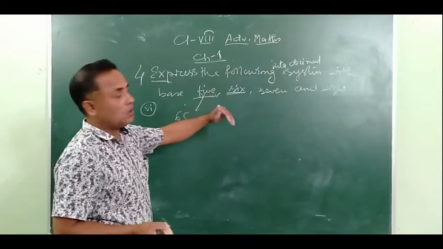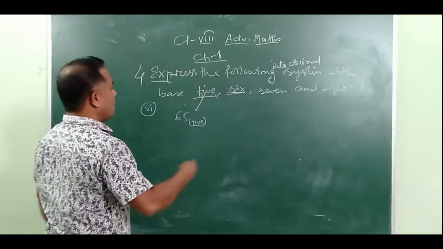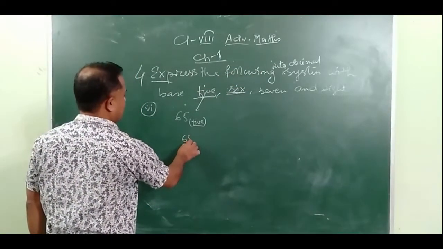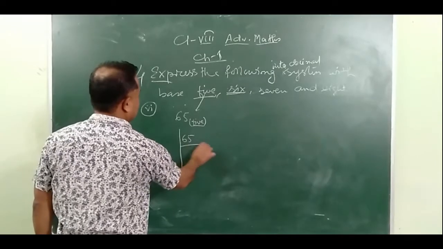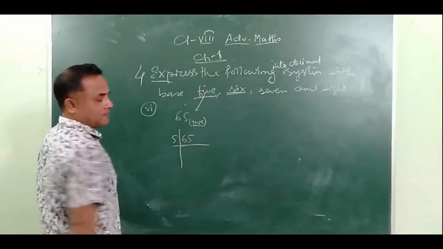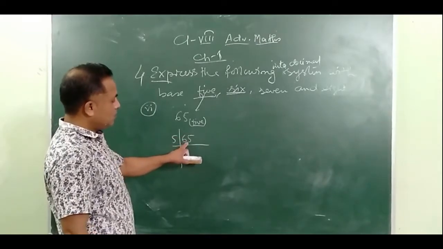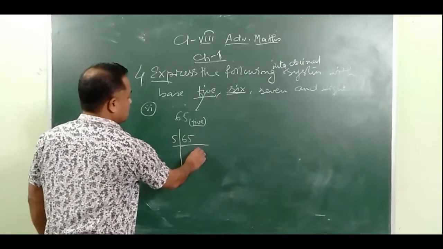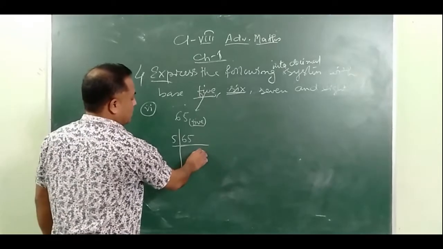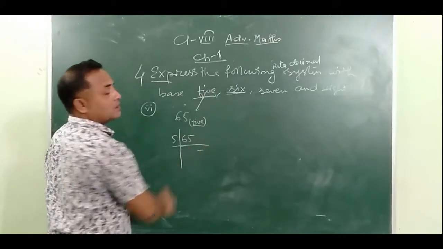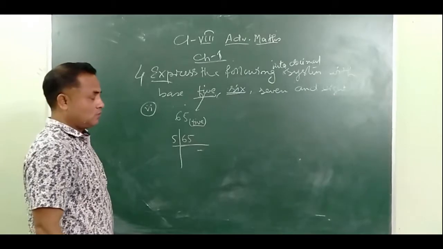When you are asked to convert, how will you do it? This is 65. I will divide with 5, and the quotient will always be under it, and on the right hand side, by putting one hyphen, you will attach the remainder along with it.